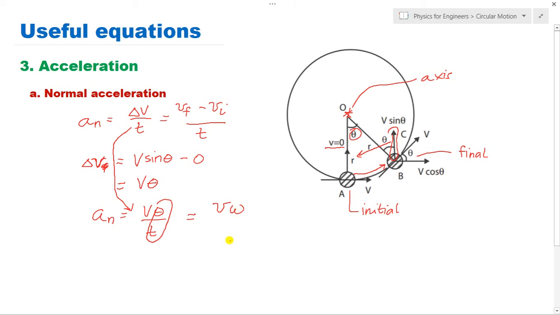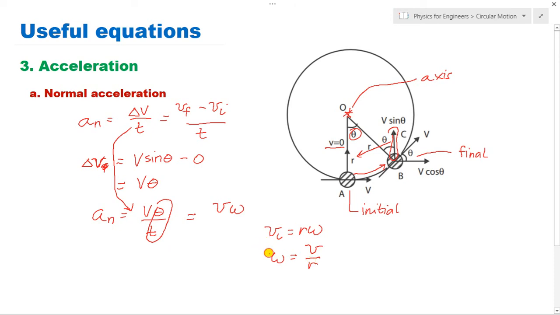And in terms of linear velocity, we know that the linear velocity v is equal to r omega. Therefore, our omega is just equal to the linear velocity v over r.